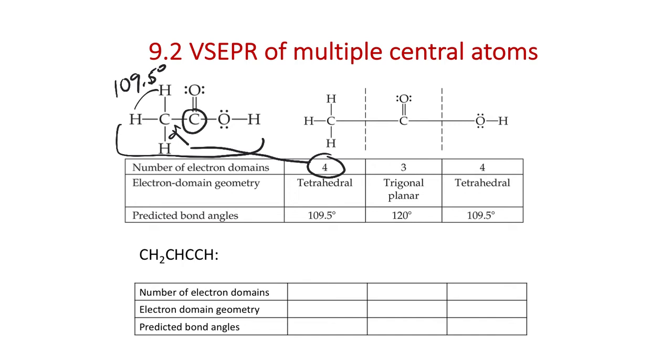Our second carbon atom has 1, 2, 3 domains. So it only has 3 domains, so that goes trigonal planar in terms of its electron domain geometry. And then our oxygen atom has 4 domains. It has 2 lone pairs and 2 bonding domains. So that goes back to tetrahedral electron domain. And so if we're thinking about the COH bond angle, it should be closer to 109.5.